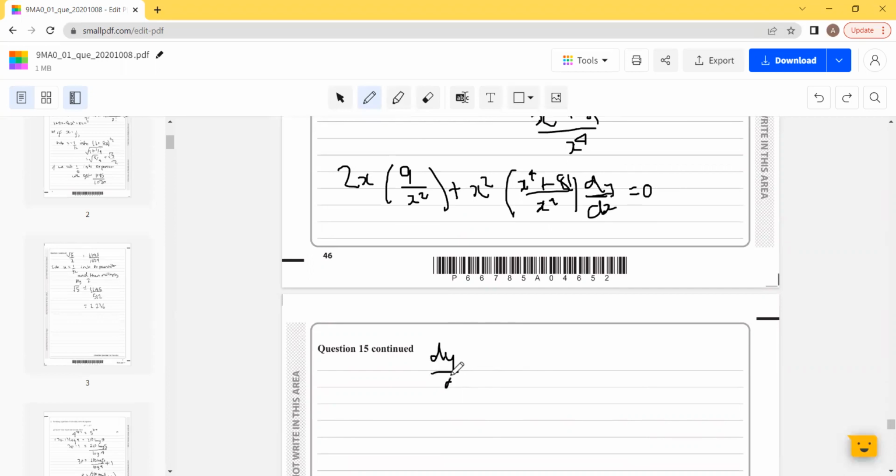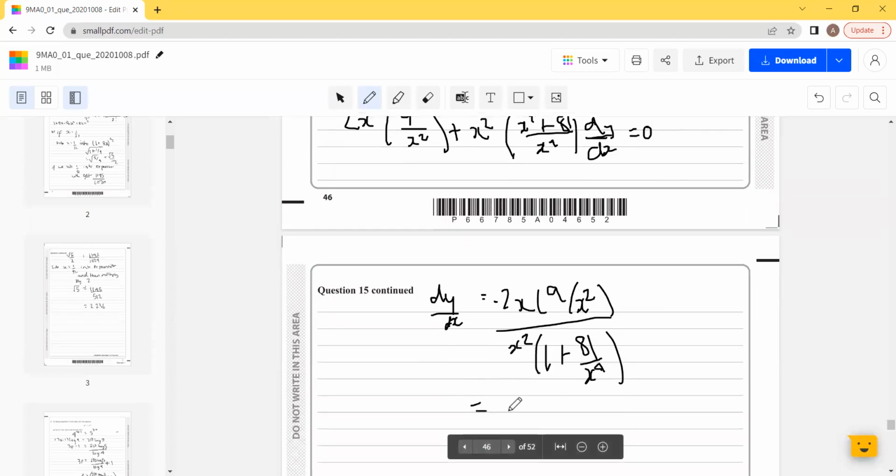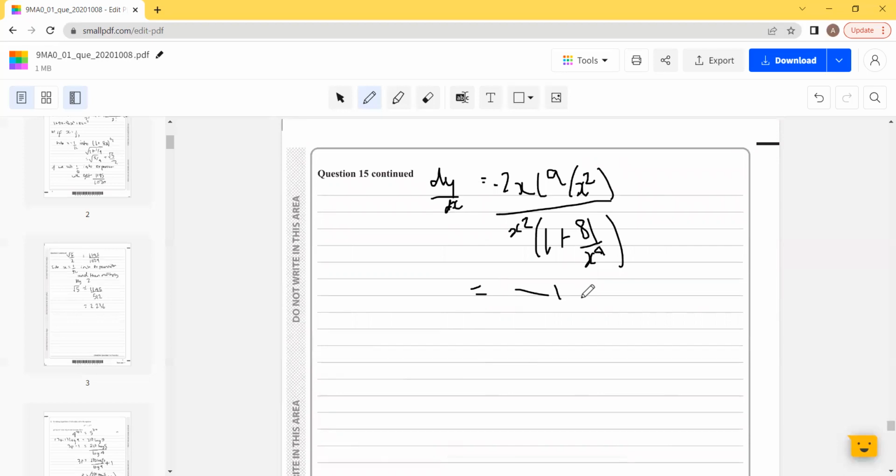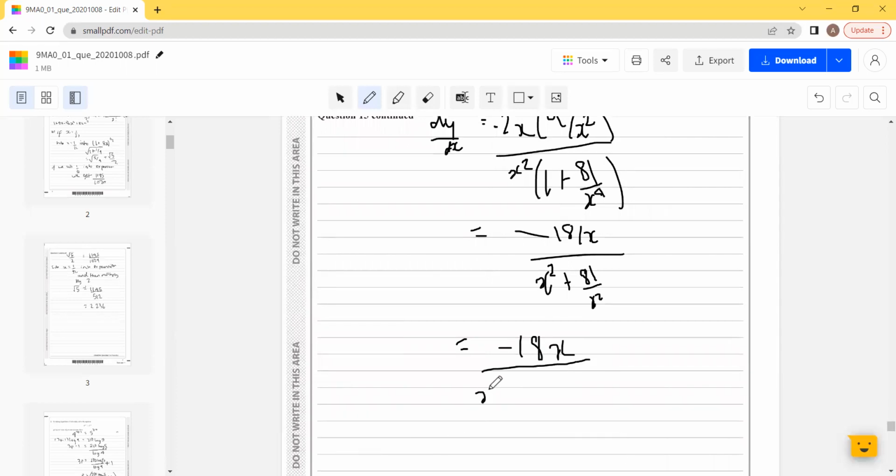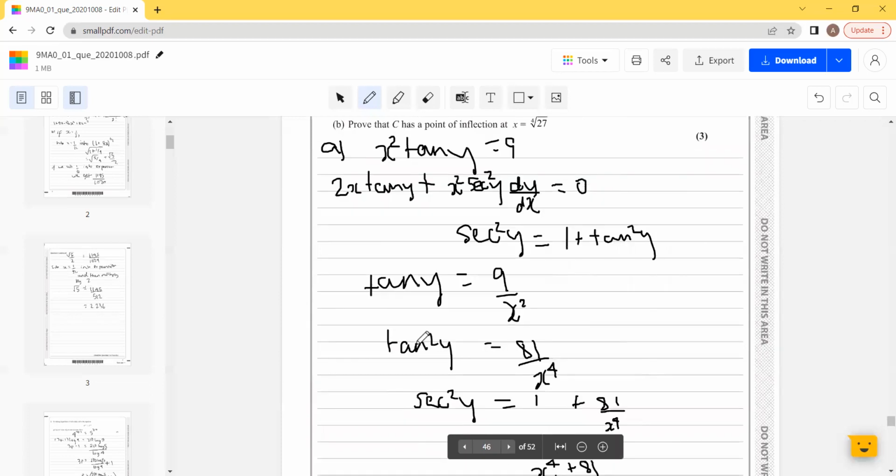So dy by dx is equal to minus 2x times 9 over x squared over x squared times 1 plus 81 over x to the 4th power, which is equal to minus 18 over x over x squared plus 81 over x squared, which is equal to minus 18x over x to the 4 plus 81. Okay, we've finally shown that it's true.